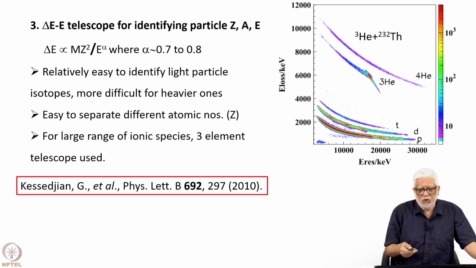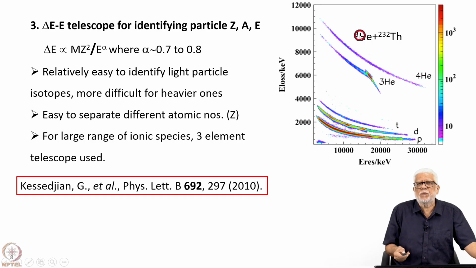So as we saw, the delta E is proportional to m z squared by E to the alpha, where alpha is of the order of 0.7 or 0.8. And this is a picture taken from this paper. This is a reference. Helium-3 on 232 thorium. So you see bands corresponding to protons, deuterons, tritons, helium-3 and helium-4.